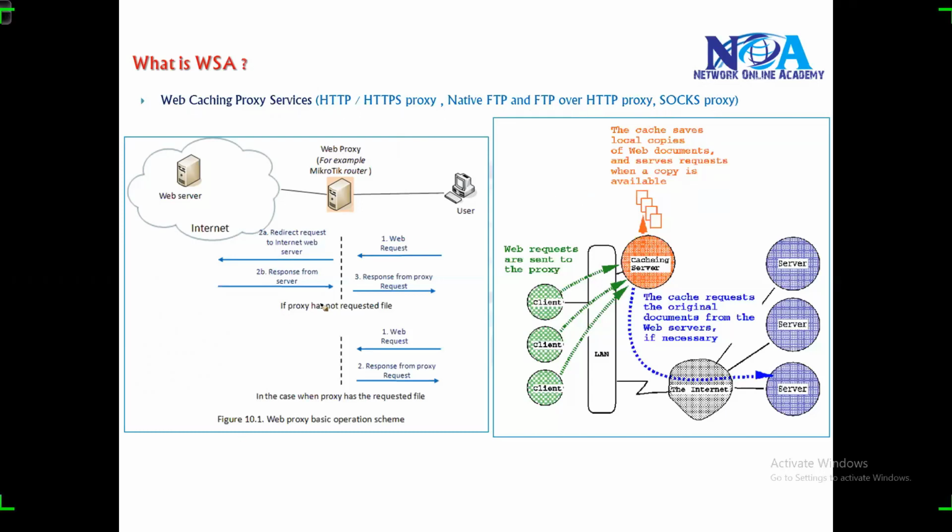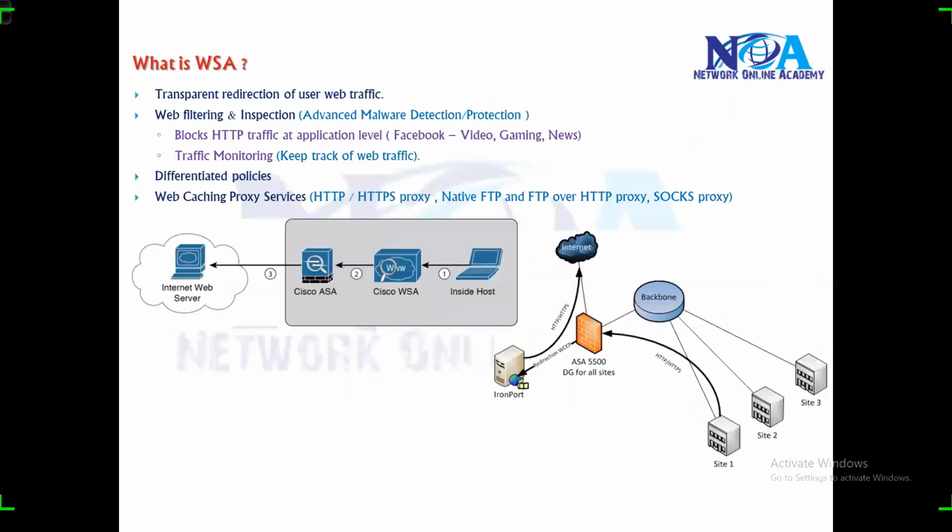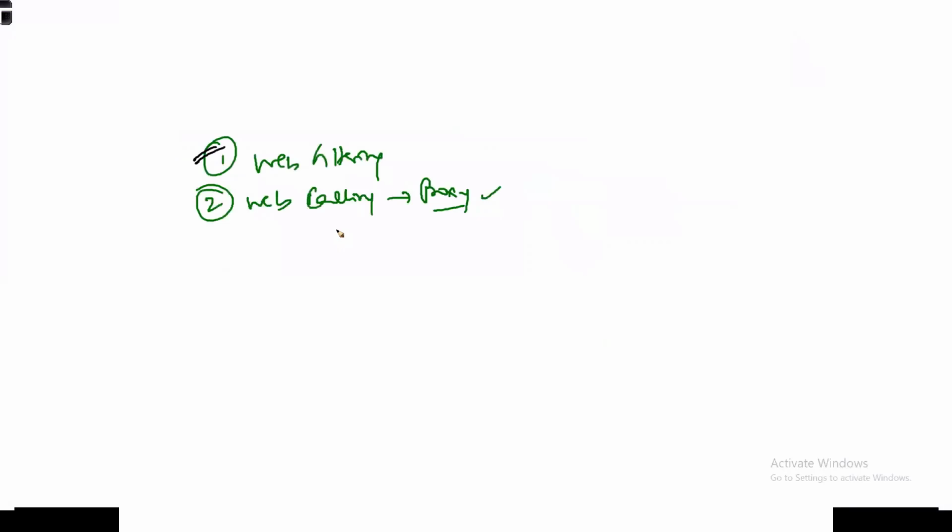So the same example here, web proxy basic services, what they do. Basically this is the job of a proxy server. So you have proxy services inbuilt inside the WSA. So basically WSA does two things, as I said. One is web filtering your traffic.